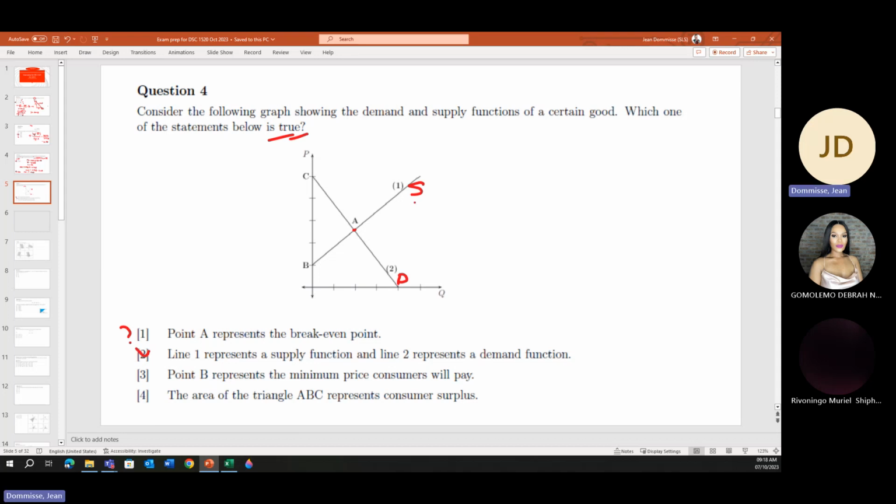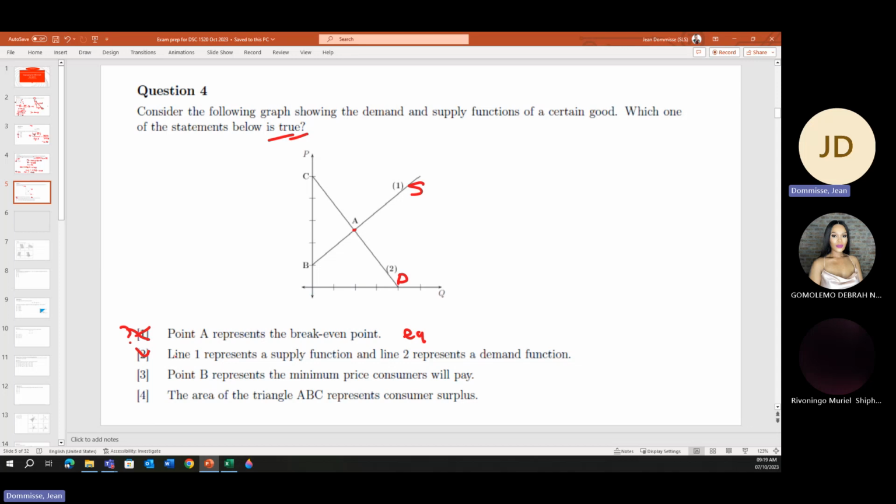So what does point A represent if it's not the break-even point? It represents the equilibrium. There's a slight difference between equilibrium and break-even point, so I think that's important.